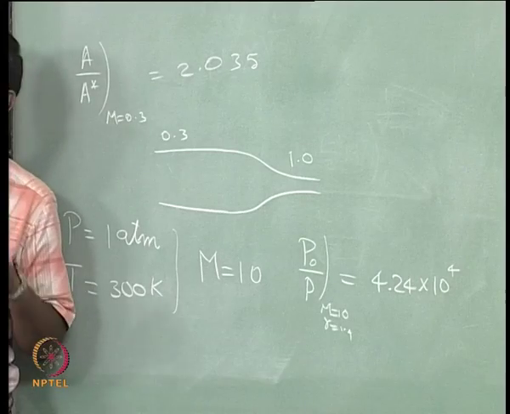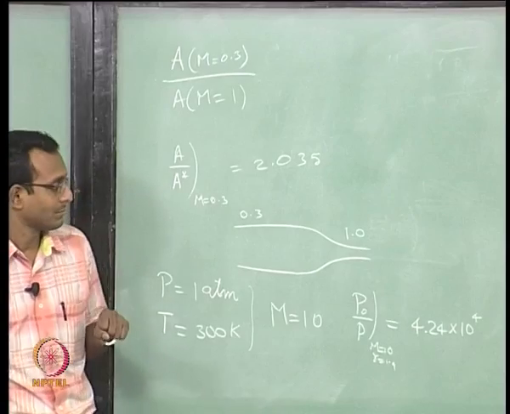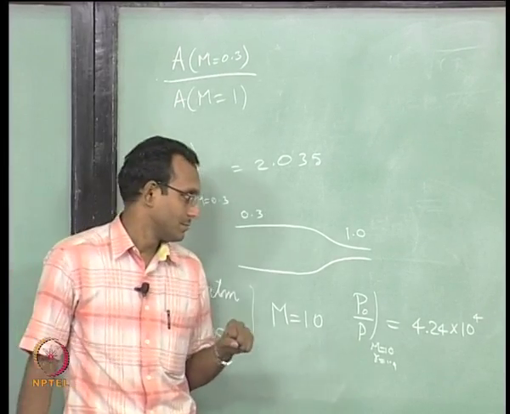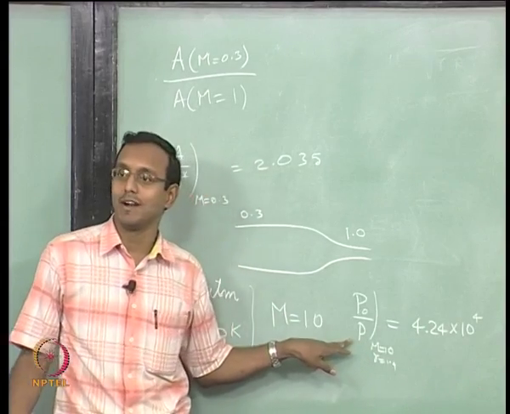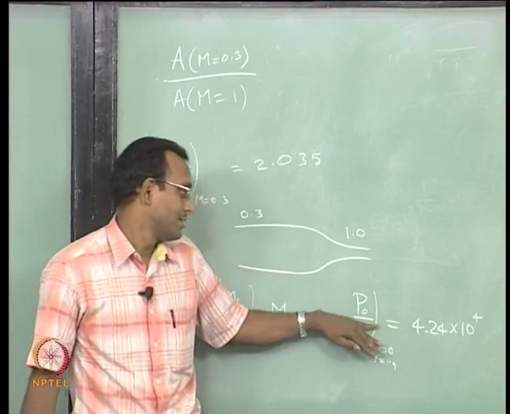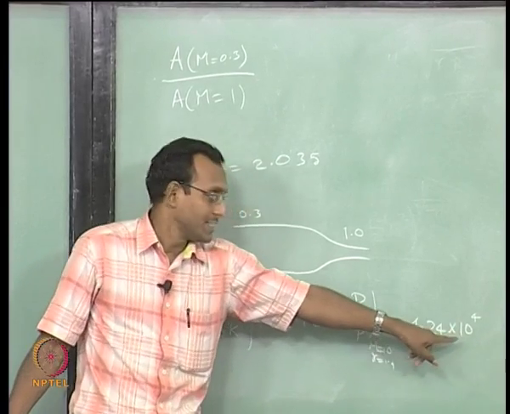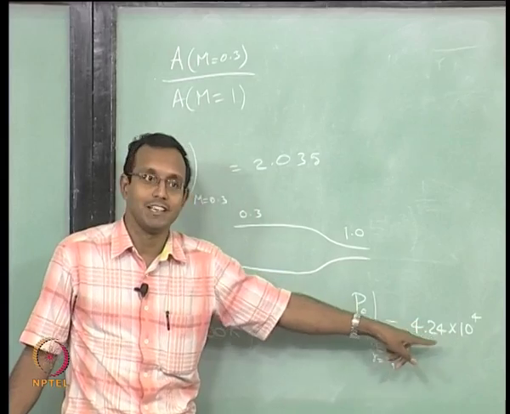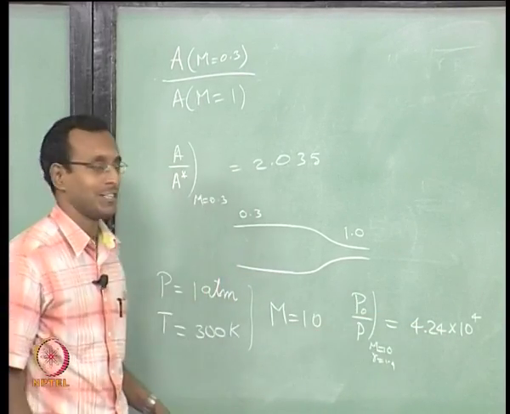So, what is the stagnation pressure? It is 4.24 into 10 to the power 4 multiplied by P, which is 1 atmosphere. So P0 is this many atmospheres, which is extremely high. It is like 40,000 atmospheres of pressure that it has to withstand.